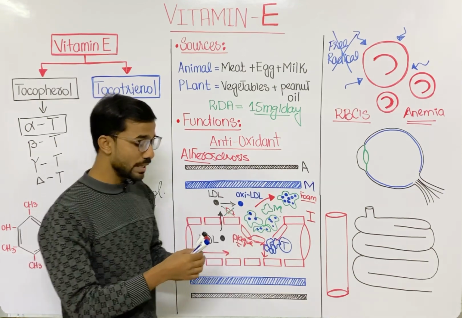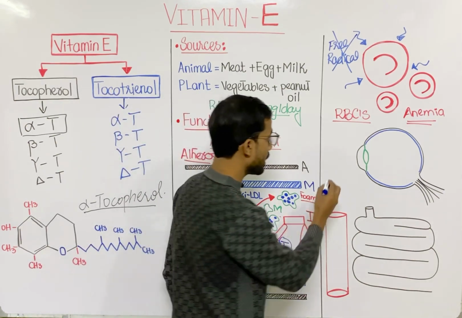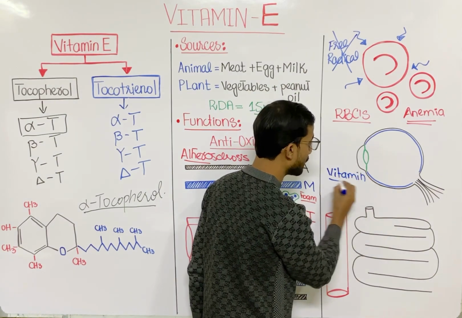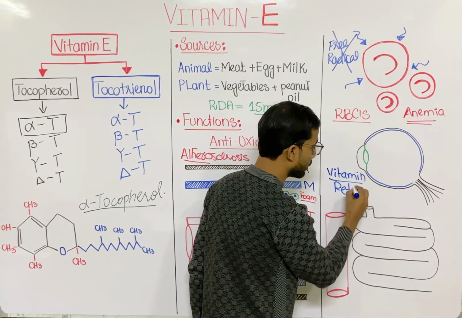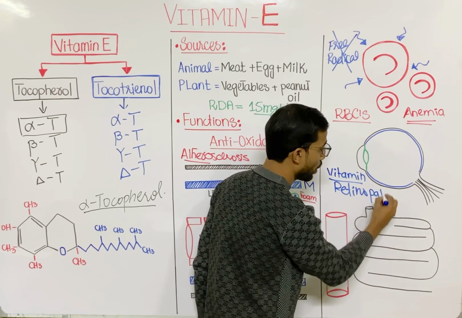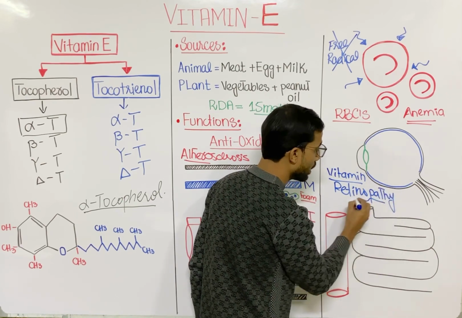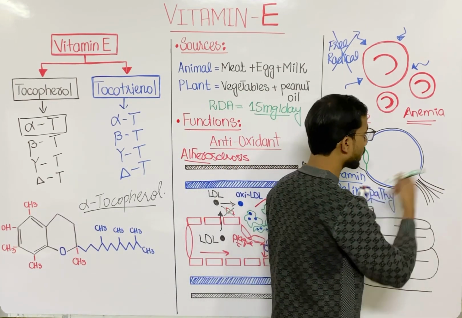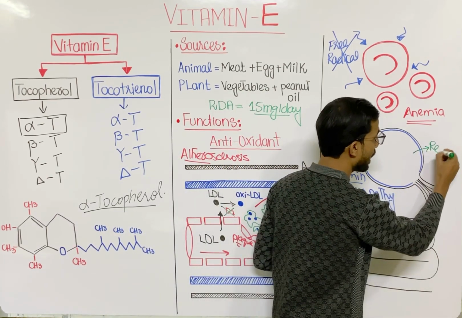And next you will see vitamin E is actually helpful in the prevention of vitamin E dependent retinopathy. Retinopathy. Vitamin E is actually helpful in the protection of one of the most important layers of the eye, and that is the retina.